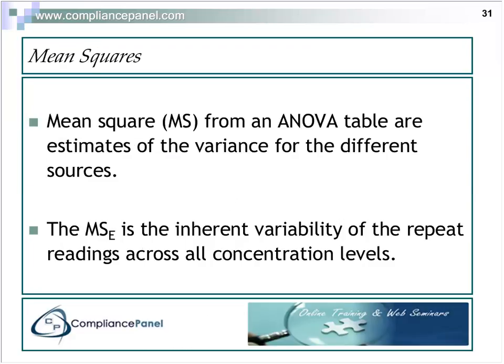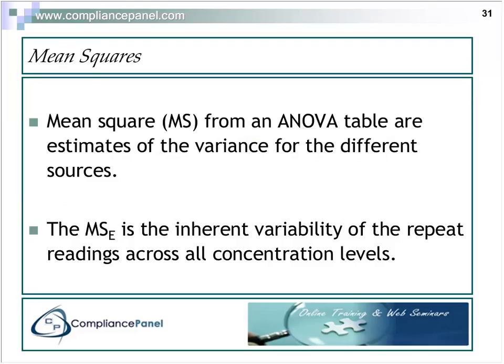Okay. The next piece is the idea of a mean squared error, or the mean squared. So if I go back up to the previous one, you see the MS column. The MS column is the mean squared, and that is the average squared differences amongst the values. But the one thing I want you to focus on is what is called the MSE, or the mean squared error. This is the inherent variability of repeat readings across all concentration levels.